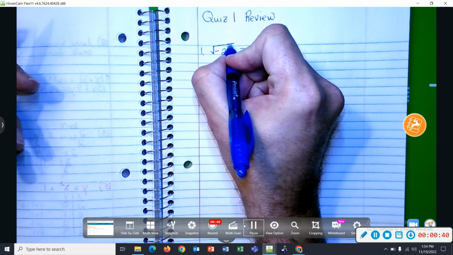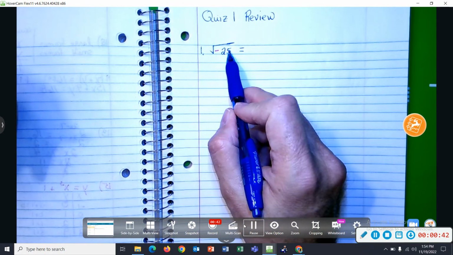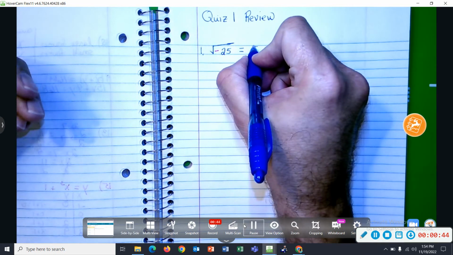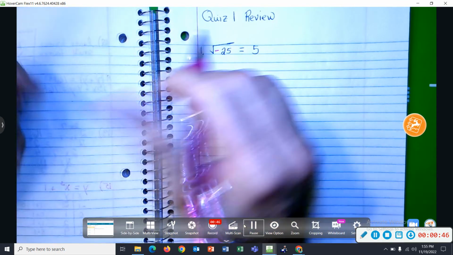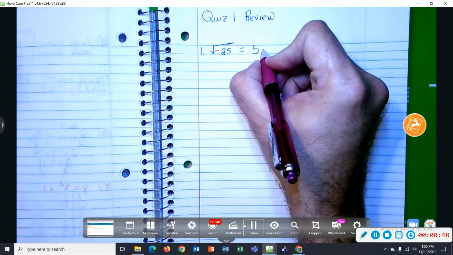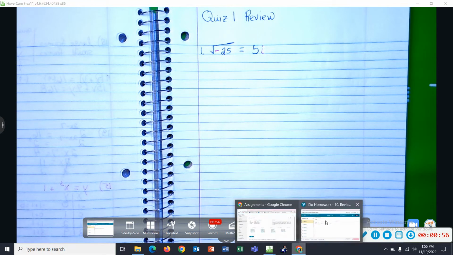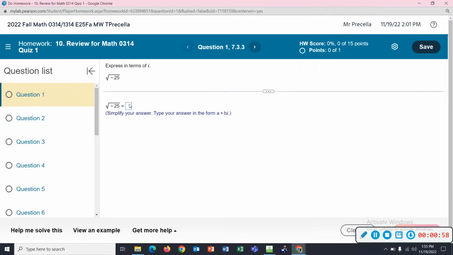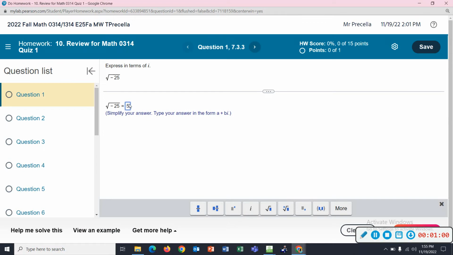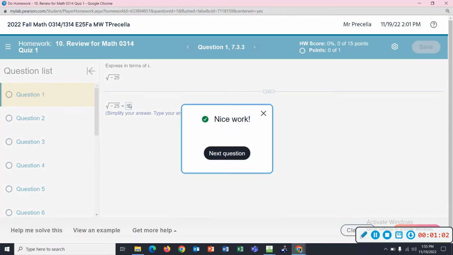So the square root of negative 25: the square root of 25 is just 5, and the square root of a negative is an imaginary number, so 5i is our answer there. 5i. Check it and move on to the next one.